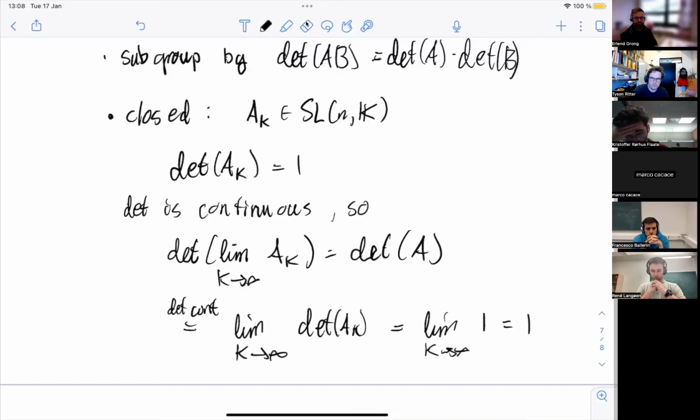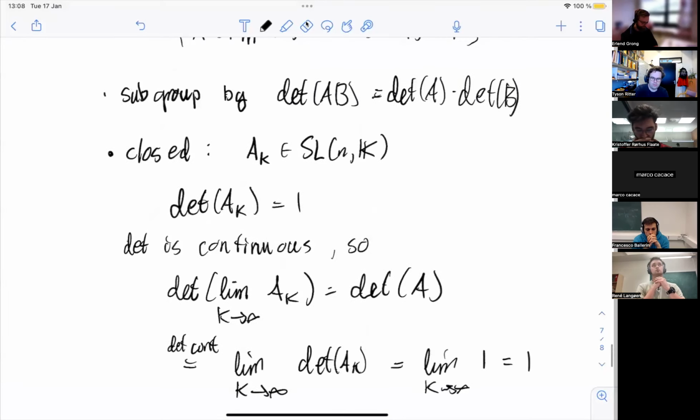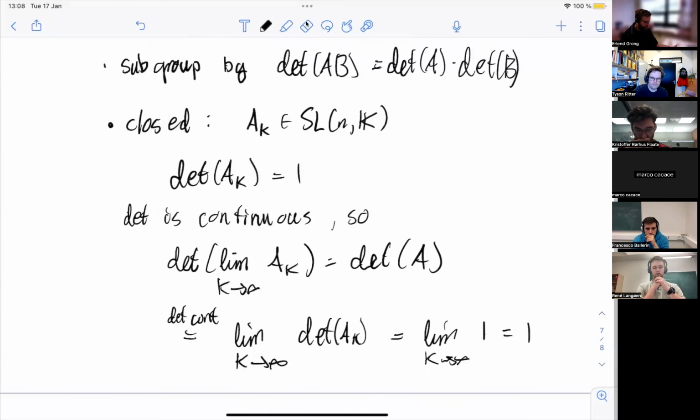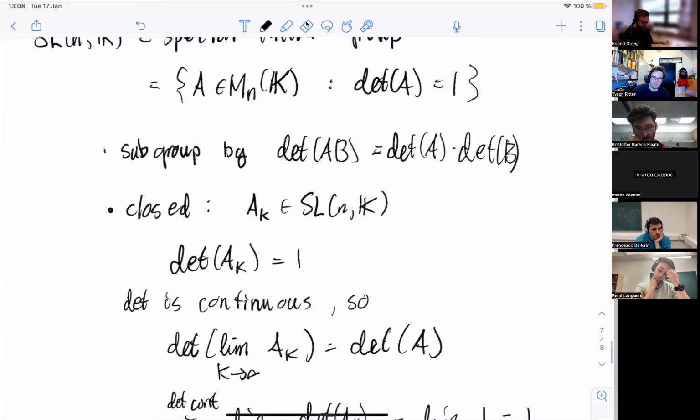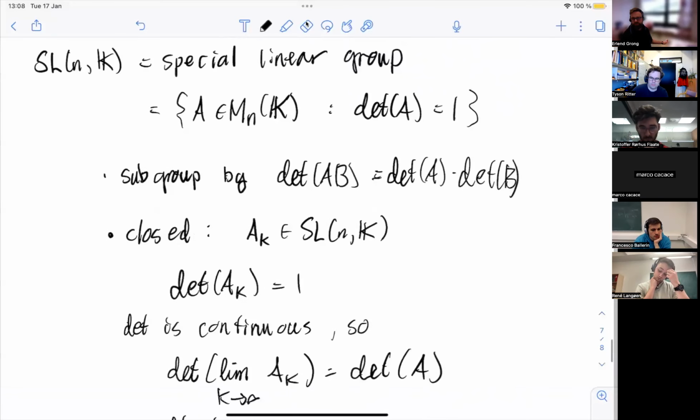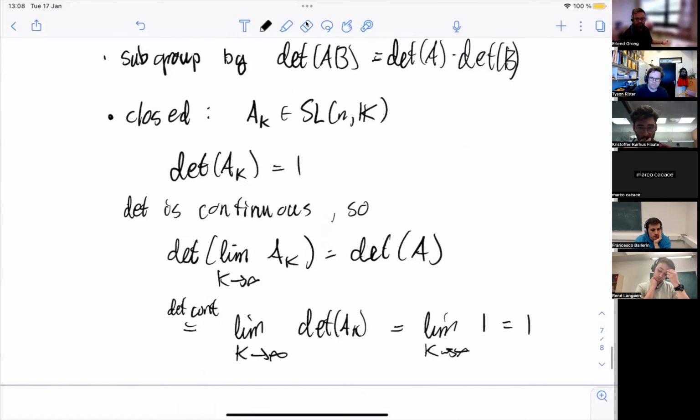So this is closed simply because it's the level set of the determinant function, and the determinant function is continuous.